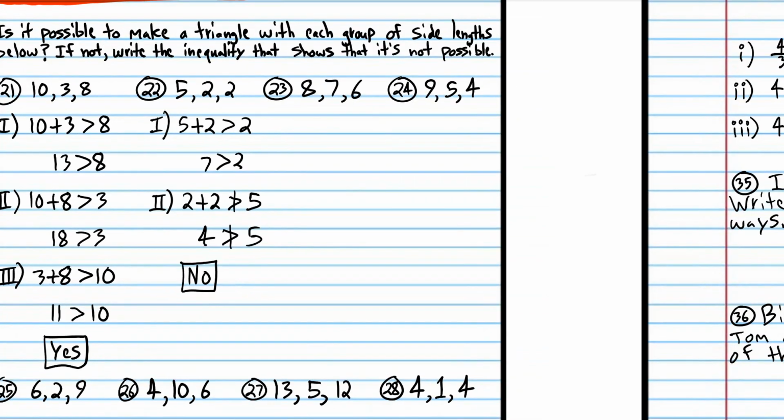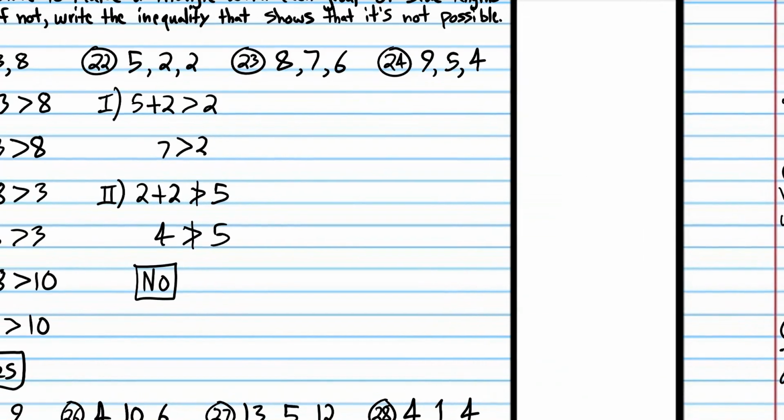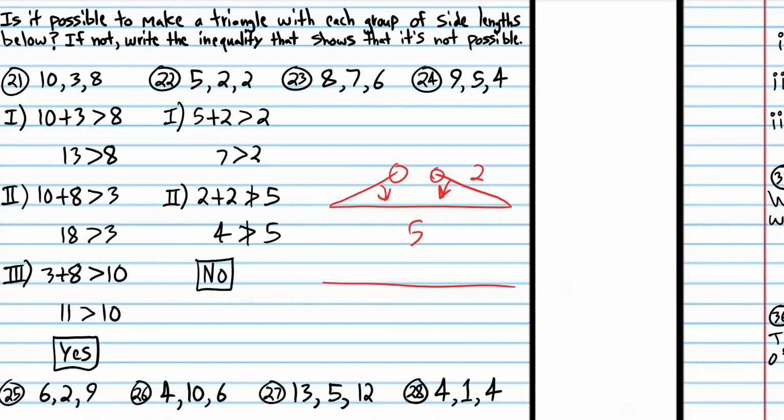If you have a side that's 5 and the other sides are 2, they're never going to connect. Even if you bring these sides down, they're not going to connect because these sides are 2.